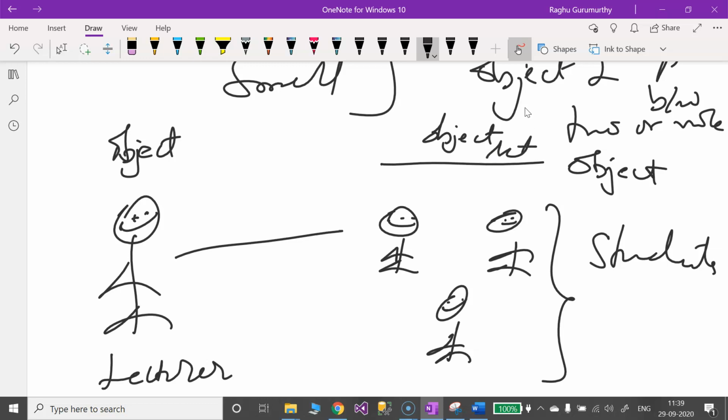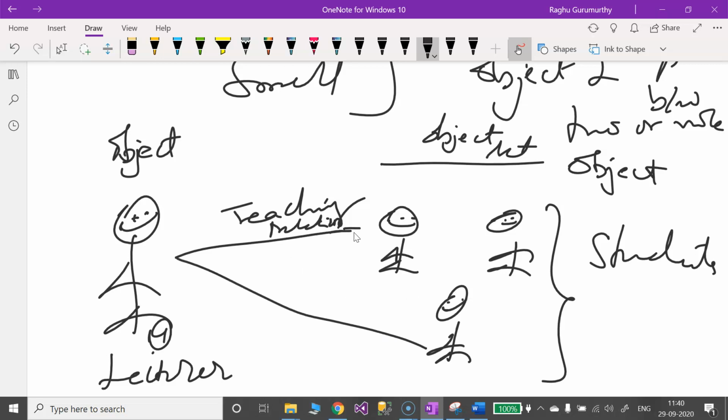Here there is a relation between lecturer and student. What kind of relation? That is the teaching relation. I mean to say the lecturer teaches a subject to a group of students. One lecturer may teach multiple students.